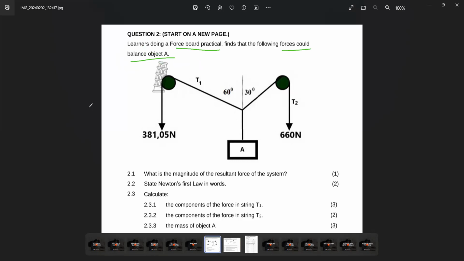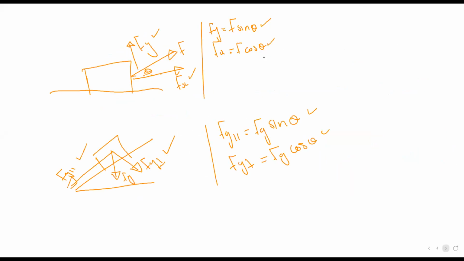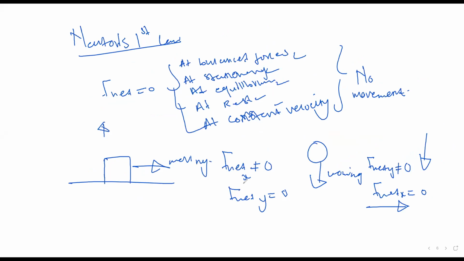Based on everything that we did, they ask what is the magnitude of the resultant force of the system? They said balanced. And remember, the time I shared certain pages here, I told you about being at rest. If F net is at rest, there are balanced forces.